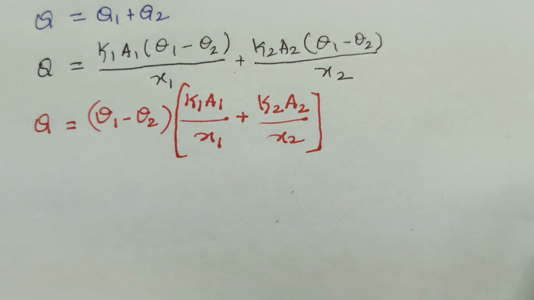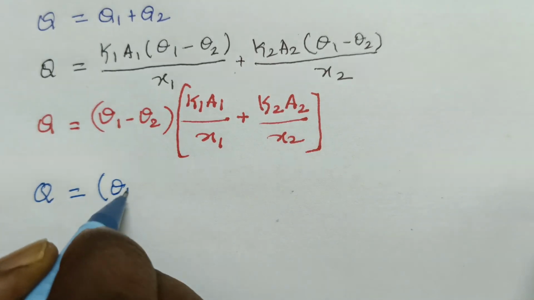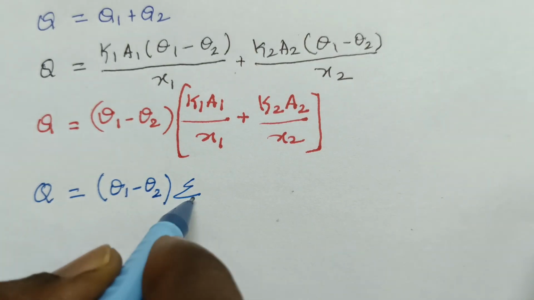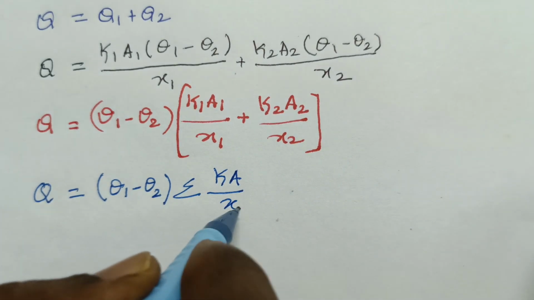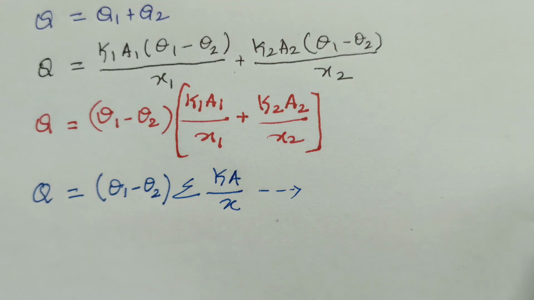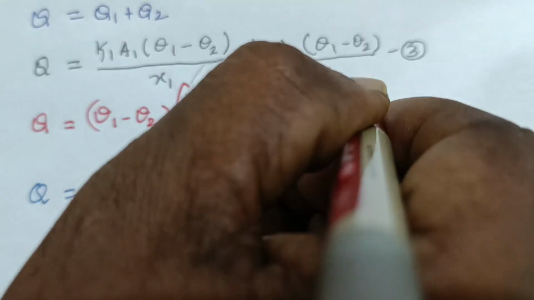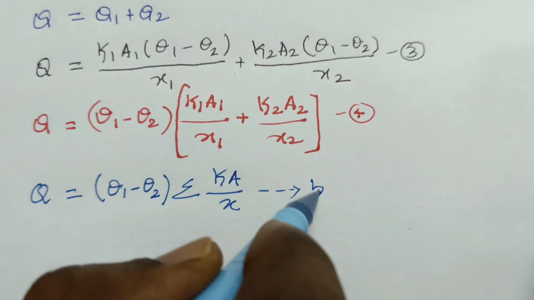For more than 2 materials connected, Q is equal to theta 1 minus theta 2 into summation of K A divided by x. This is equation number 3. This is equation number 4. This is equation number 5.